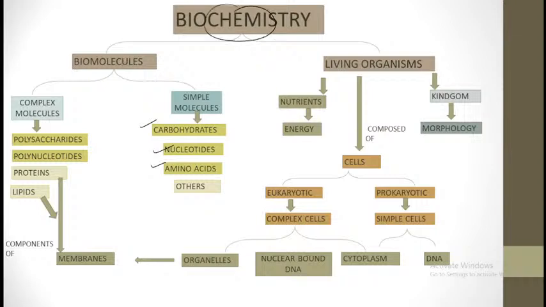You won't have the main chemistry behind them, that is, why we are studying proteins: proteins are made up of amino acids, and these proteins are the main components of our membranes, and these membranes are the outer layer of the cell, which is the basic unit of the living organism. So are you able to understand what I'm trying to convey?